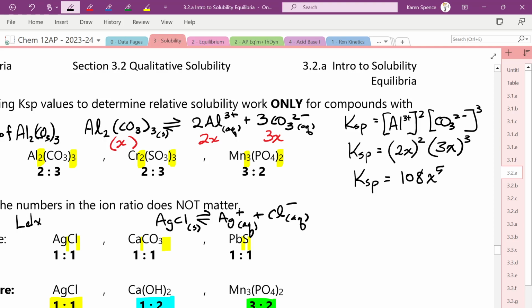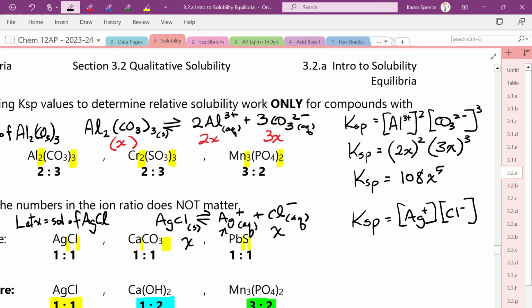Let X equal the solubility of AgCl. We have X, X, X. KSP then equals Ag+ times Cl- equals X squared.